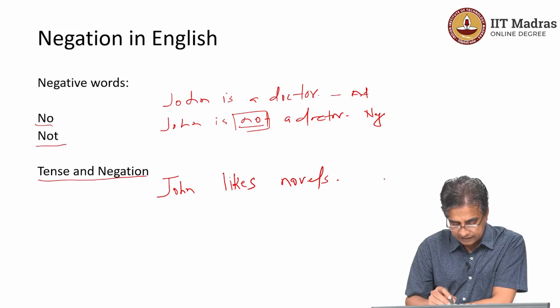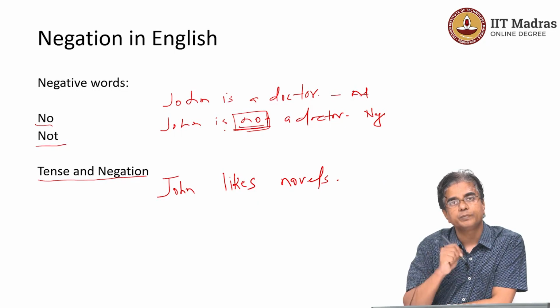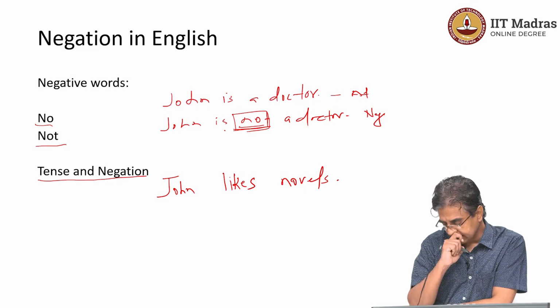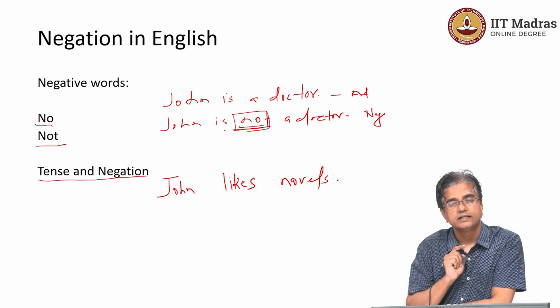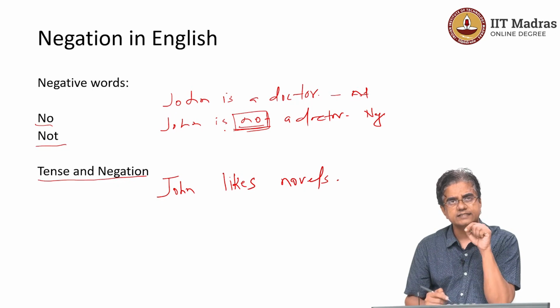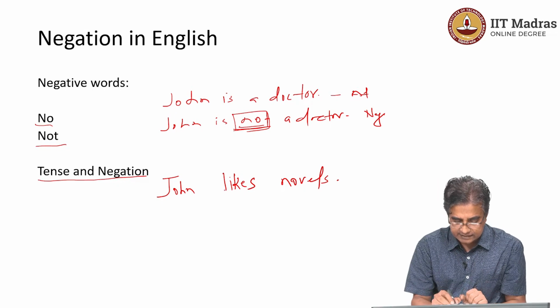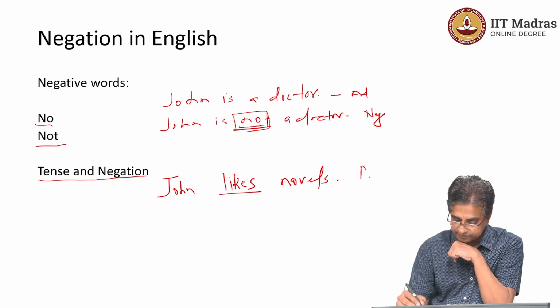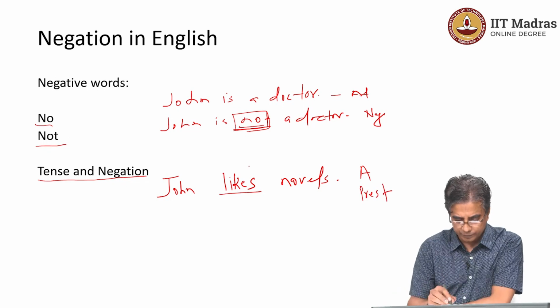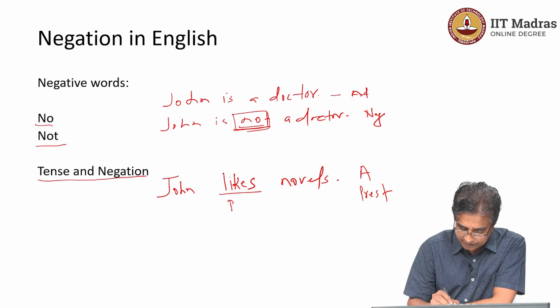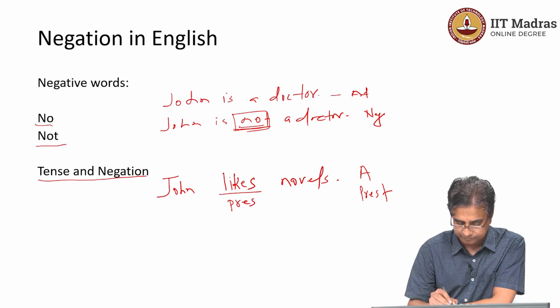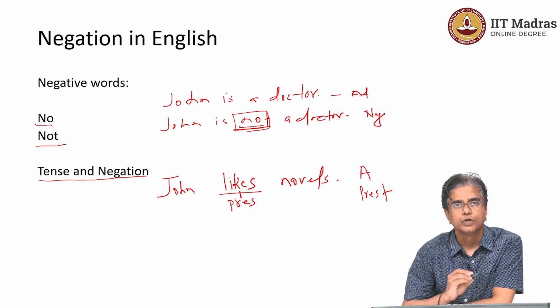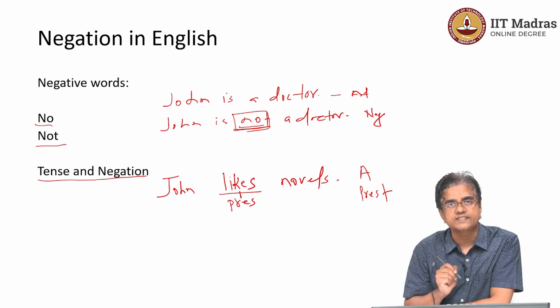To make it a negative sentence, we need to bring in a negation element, and you will be surprised to see that tense is part of this verb here. As you know, this is an affirmative sentence, in present tense. So, present tense somehow is embedded in this verb.